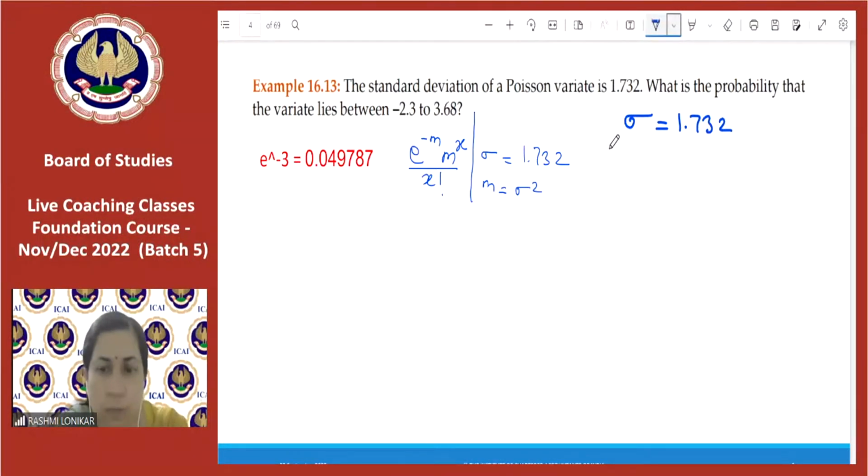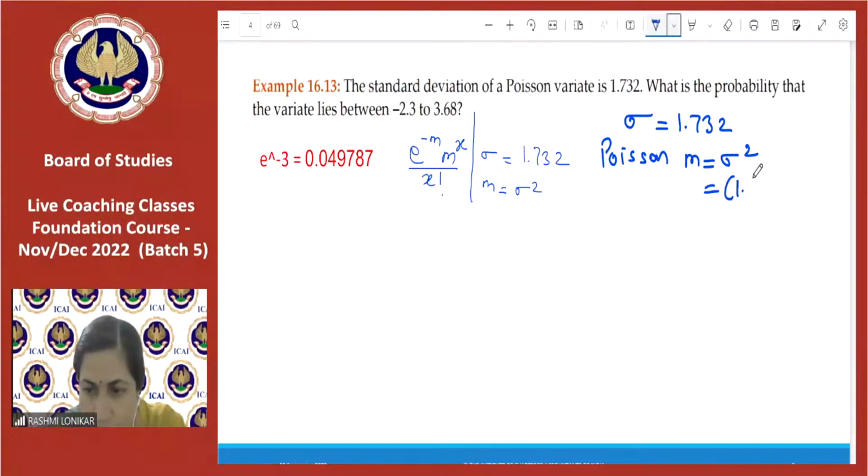What do we know about a Poisson? It is uniparametric. And what is the parameter? m. And what is m equal to? m is equal to sigma square. So this will be equal to 1.732 whole square. What is the probability that the variate lies between minus 2.3 and 3.68?